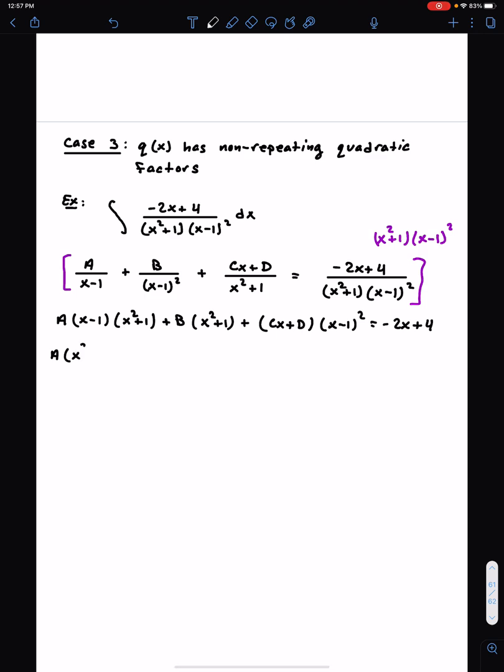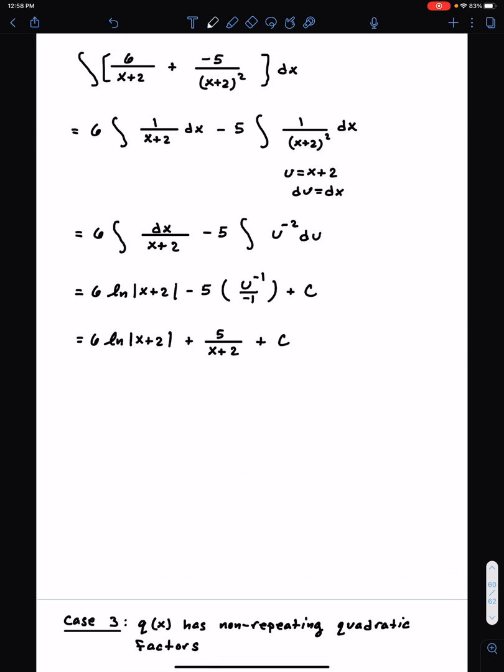So a times the quantity x cubed minus x squared plus x minus 1, plus b times x squared plus 1, plus c times x cubed minus 2x squared plus x, plus d times x squared minus 2x plus 1 equals negative 2x plus 4.